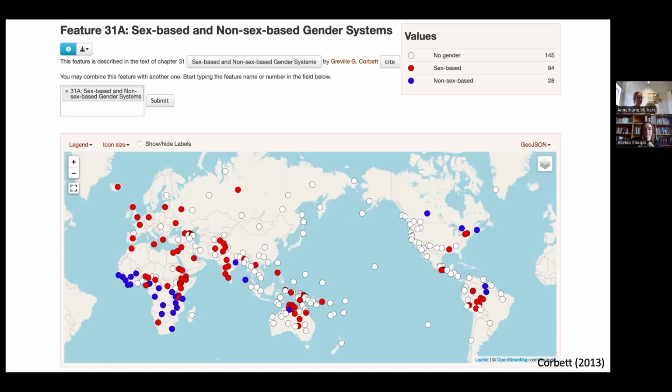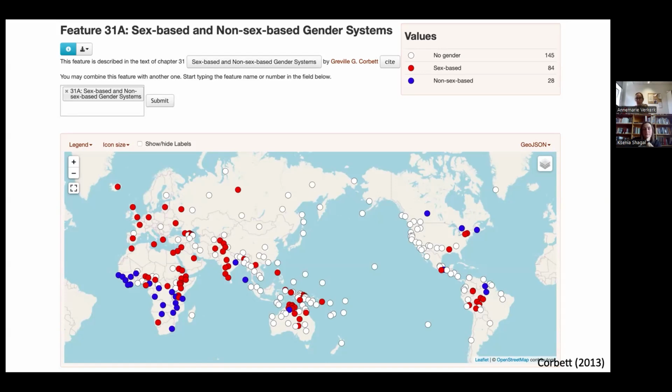We have a systematic comparison here in terms of what the grammatical gender systems of these languages are like. They are either no-gender languages, which are in white, or their gender system can be sex-based, and the languages are marked in red, or they can be non-sex-based, and then they're marked in blue. So these are all the components of typology in a nutshell.